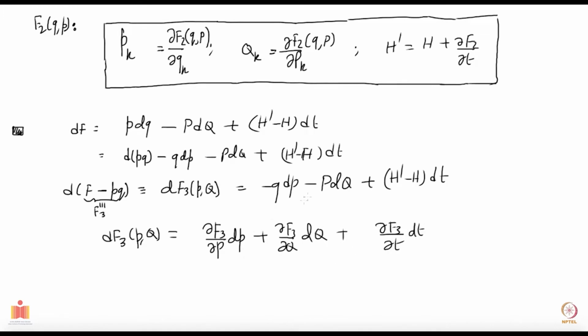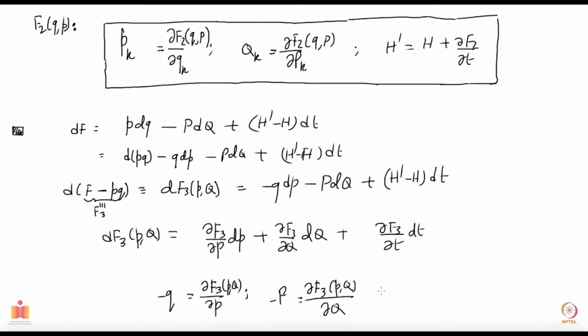And if I compare the coefficients of dp and dq and dt, I conclude that del f3 over del p is minus q, and del f3, again I should emphasize that these are now functions of small p and q, over del q is minus p, the new p.